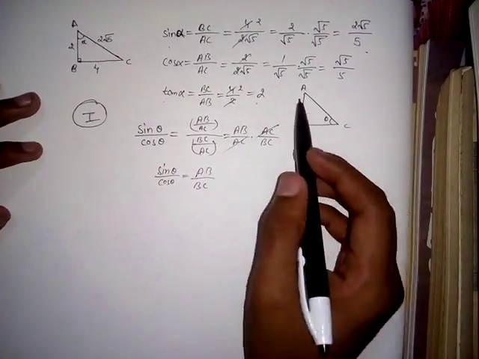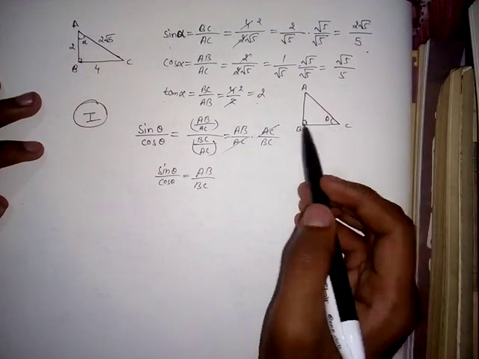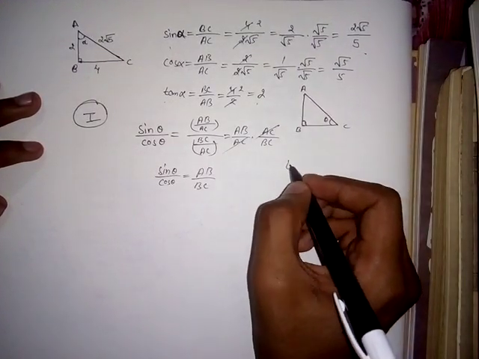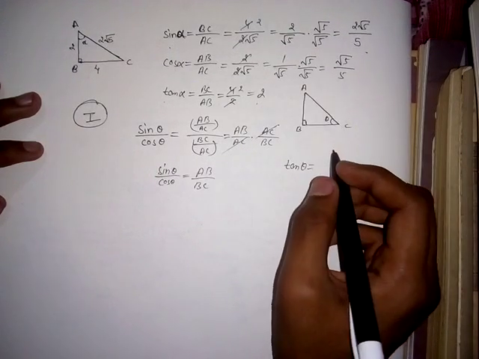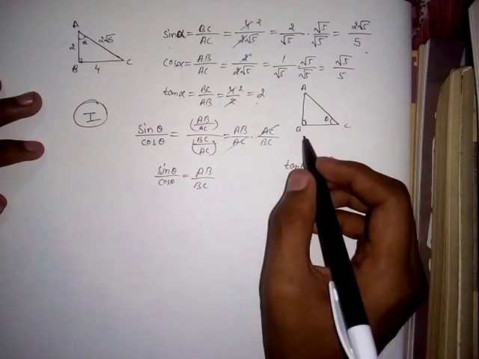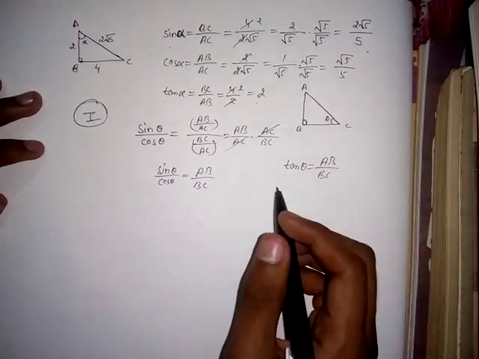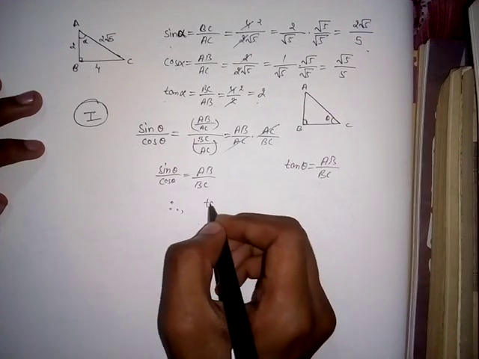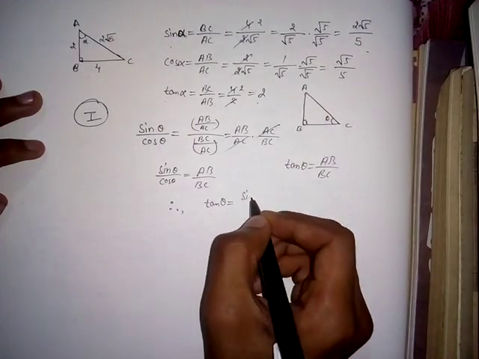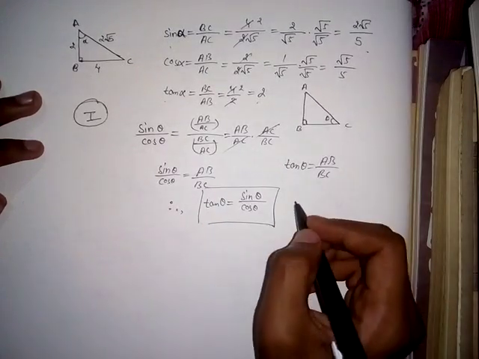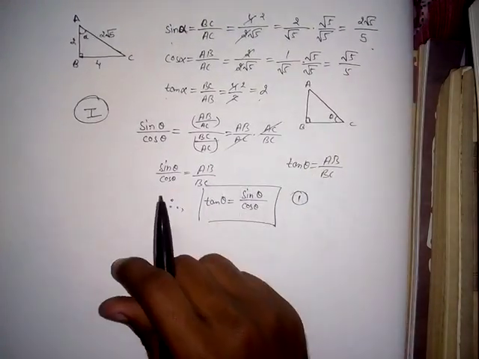AB is the opposite, and BC is the adjacent of angle theta. But we know that tan theta is equal to the opposite, which is AB, over the adjacent, which is BC, and this is the same thing. Therefore we can say that tan theta is equal to sine theta over cos theta. This is our first identity. This is very useful.